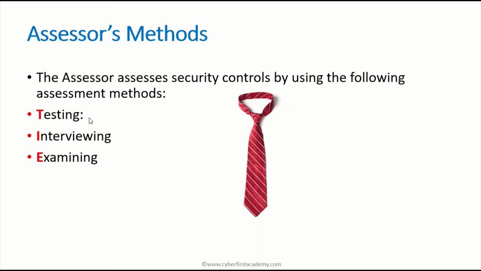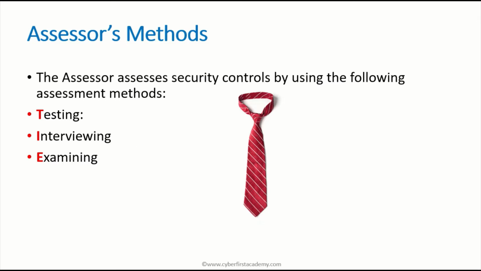For testing, you're going to test things like if a system is only authorized for a certain group of people, for authorized users, maybe admins, and no one else should have access to the system, you could try to enter your credentials, your username and password, and if it does not allow you to get into the system, then it means it's working. But if it does allow you, then it means it's not working, and that's a fail.